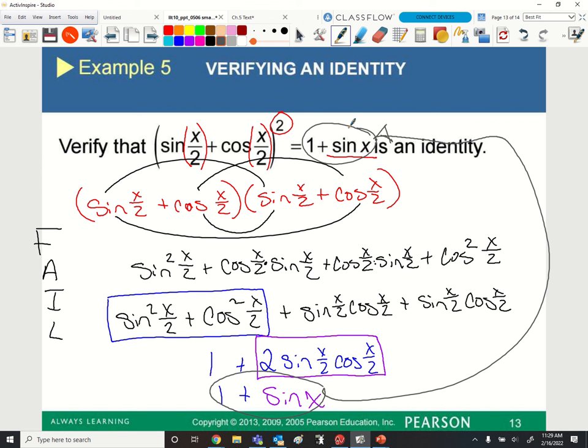I had to work the problem, but I used a couple different identities. So that's why I did it in different colors. You can see the blue one turned into 1 because that was my Pythagorean identity. My purple one right here is my double angle for sine. And then it came out to that. Okay, and I was able to verify it.